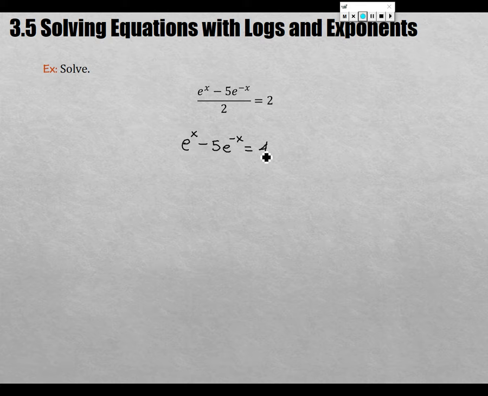What are we going to do? Well, I don't know. It's certainly true that e to the negative x is 1 over e to the x. We'll write that. I'm not sure if that's hard or not, but any strokes of insight yet?